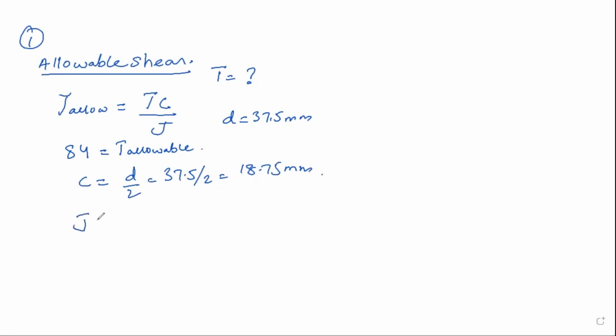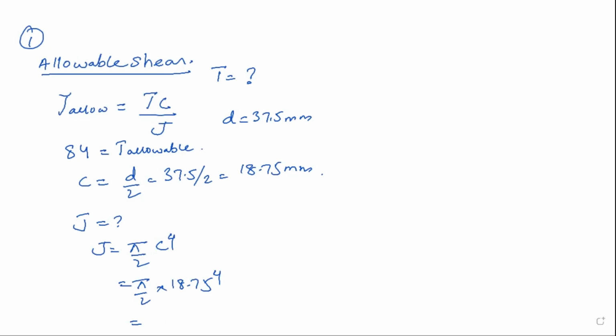Now J. What is J? For the solid circular shaft, J is equal to pi by 2 C power 4. So it will be pi by 2 into 18.75 power 4. When we calculate, it will give you the answer. Let me calculate.